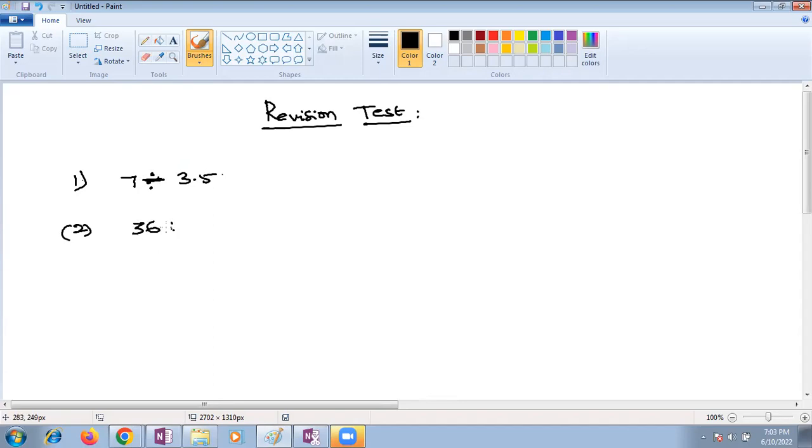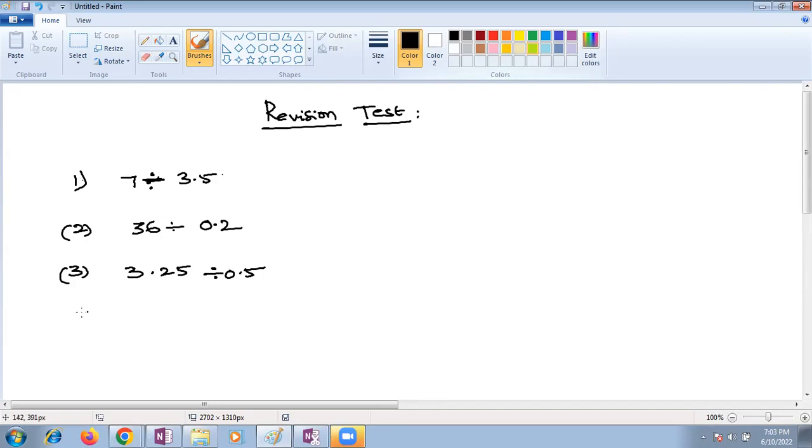36 divided by 0.2. And the third question is 3.25 divide with 0.5.